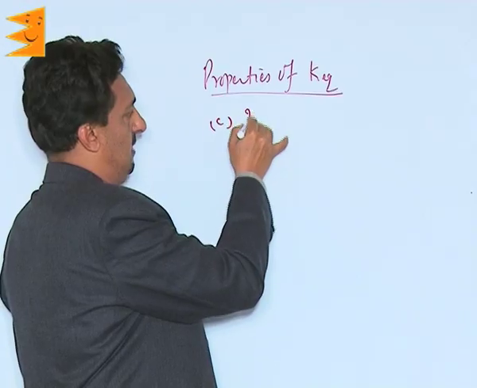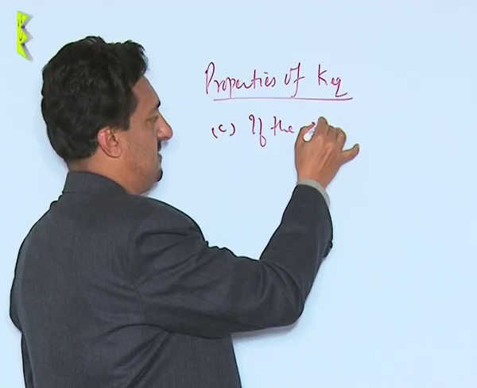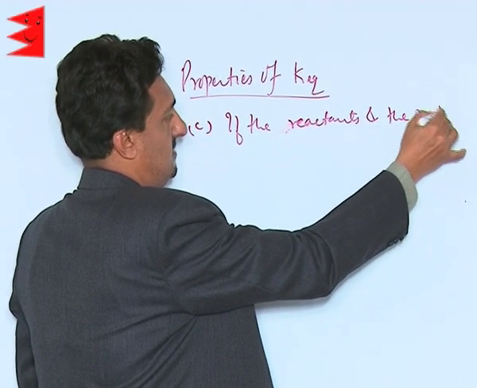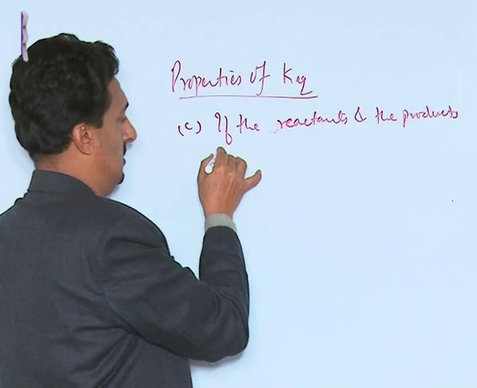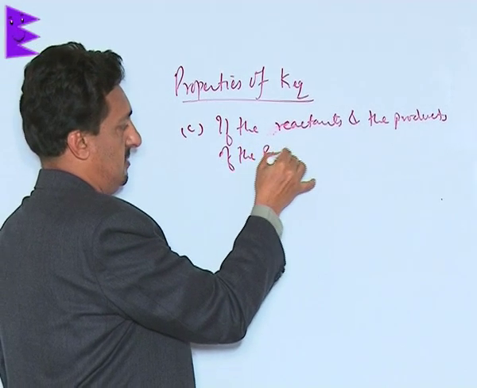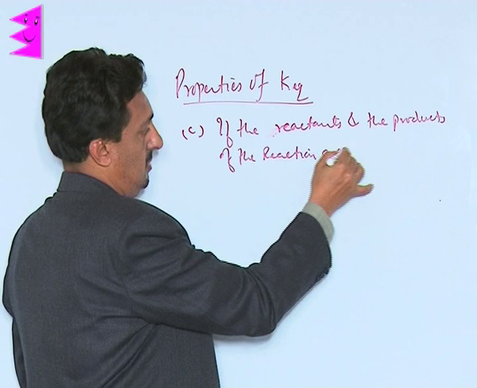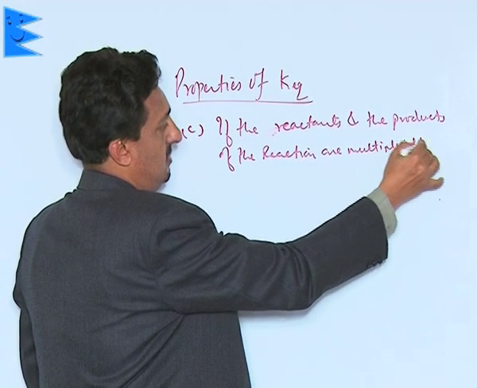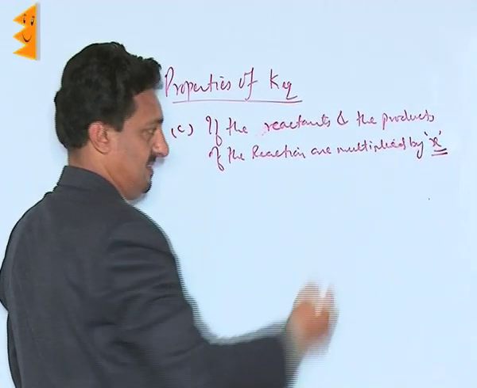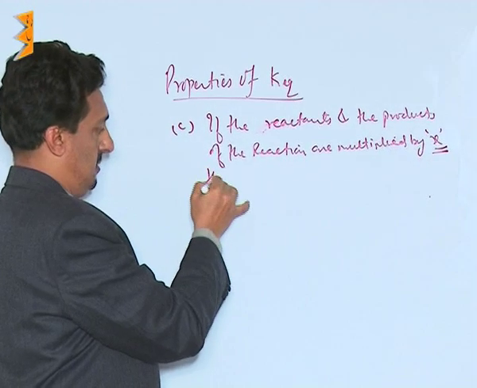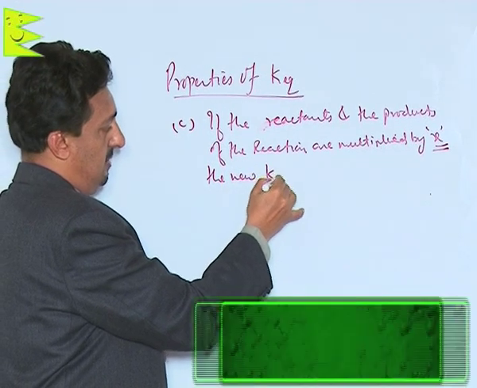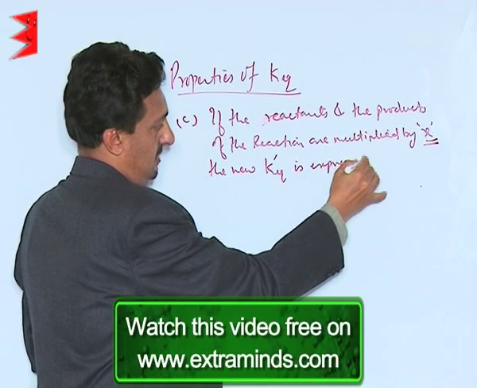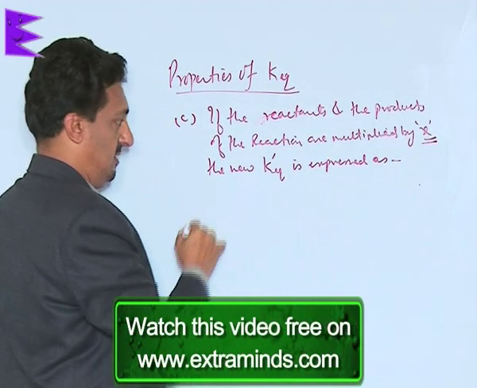Third property. If the reactants and the products of the reaction are multiplied by x, the new equilibrium constant K dash is expressed as follows.